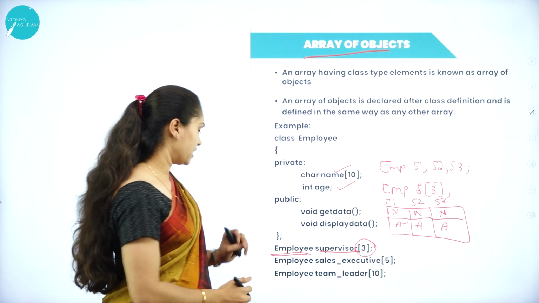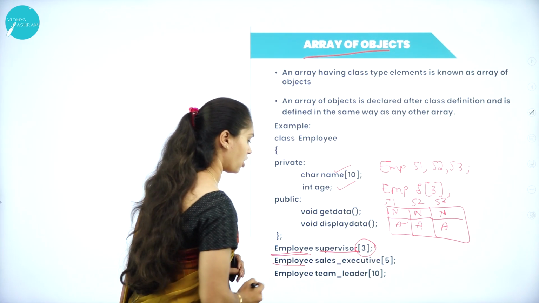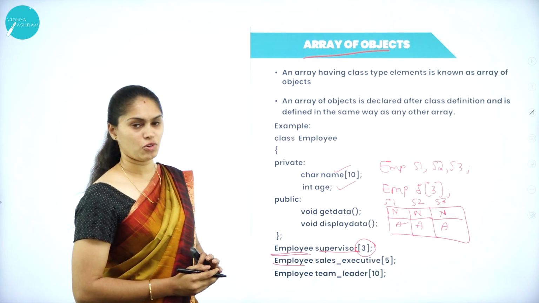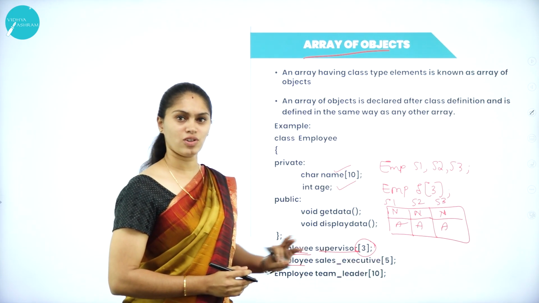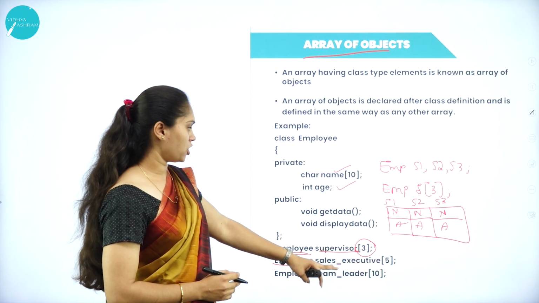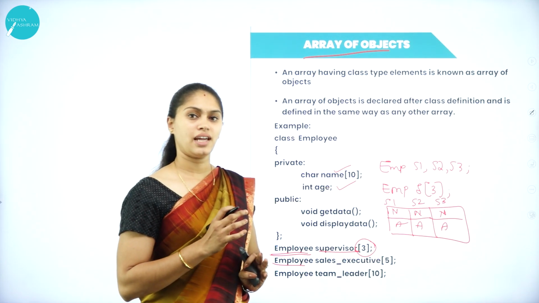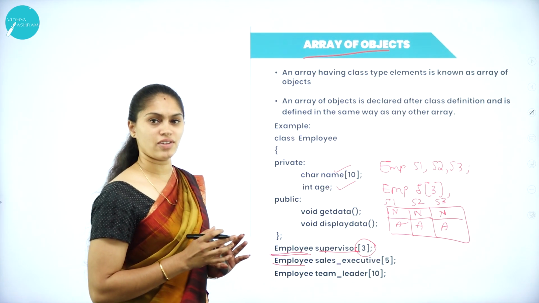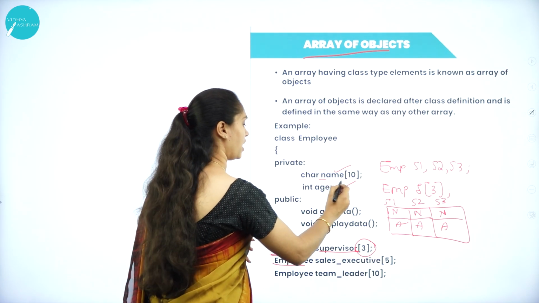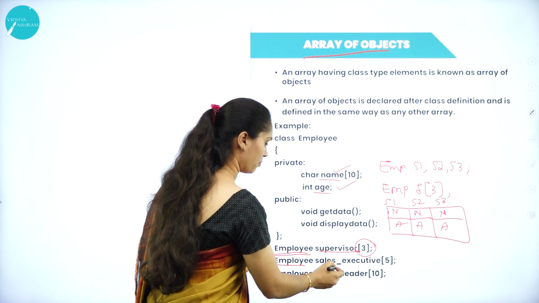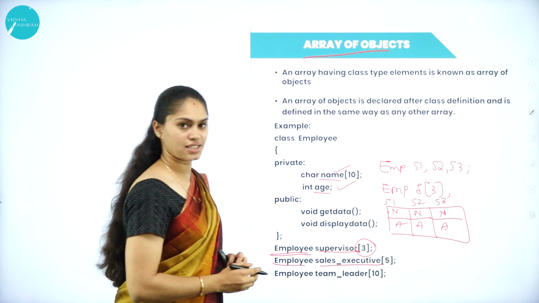Okay, so in the same way I am going to create one more object called sales executive of the size 5. So this also is going to hold the data like name and age of the 5 employees. So it is going to hold the data of name and age of the 5 employees, that is sales executive.